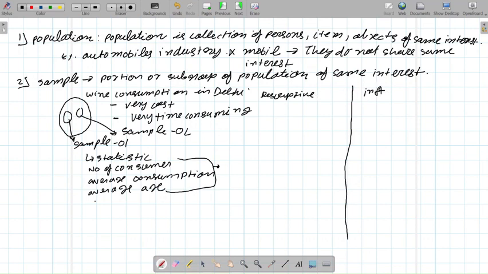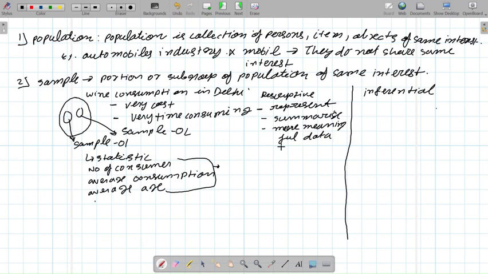Descriptive statistics is a method to represent and summarize data in a more meaningful way.